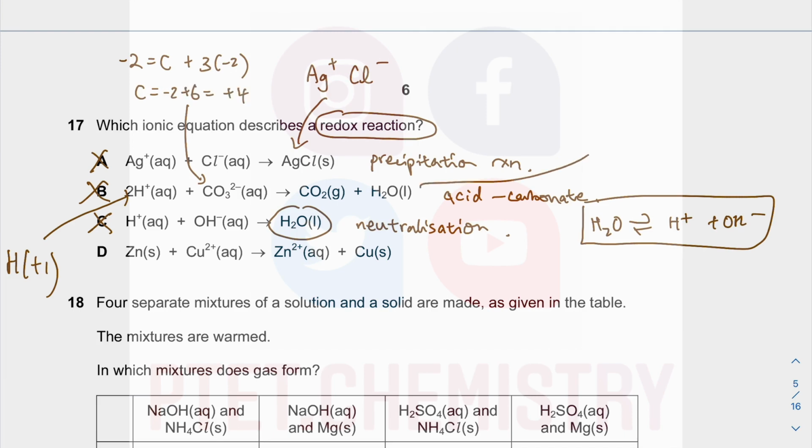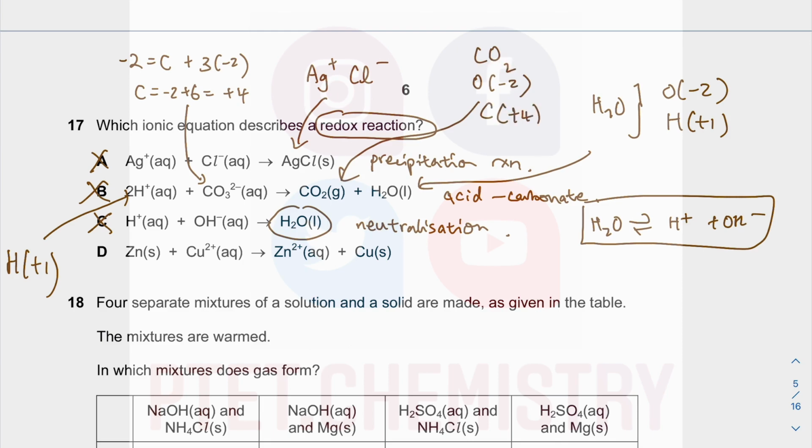In H2O, you have the oxygen as minus 2 and the hydrogen as plus 1, 2 times plus 1 minus 2, so there's no overall oxidation state. For CO2, each oxygen is minus 2, overall is 0 oxidation state, so that's carbon plus 4, no change in oxidation number. So that's why the acid carbonate reaction is not a redox reaction.